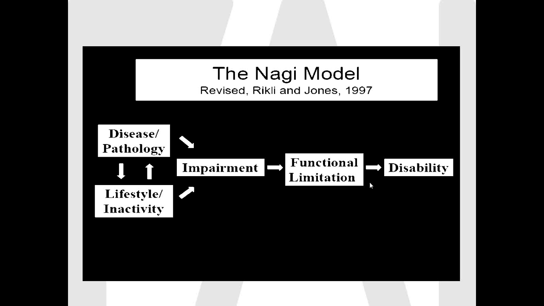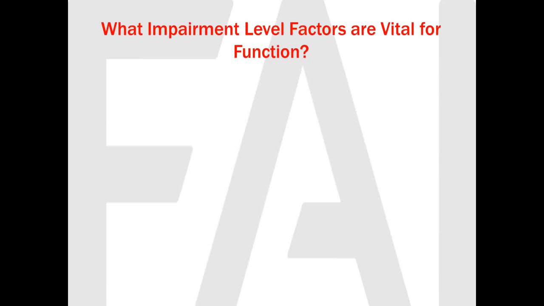The reason, in my opinion, is that when I look at the research evidence in totality, we see that there are a lot of different factors that are important for functioning beyond just muscle strength.